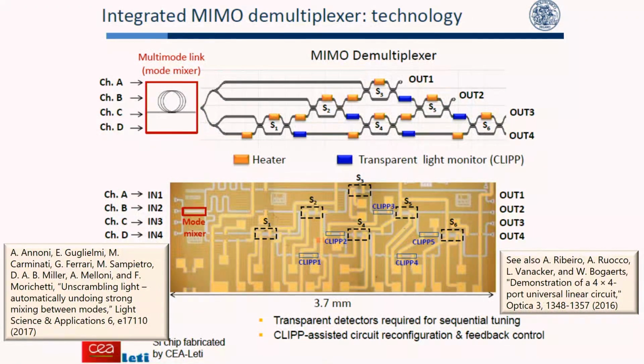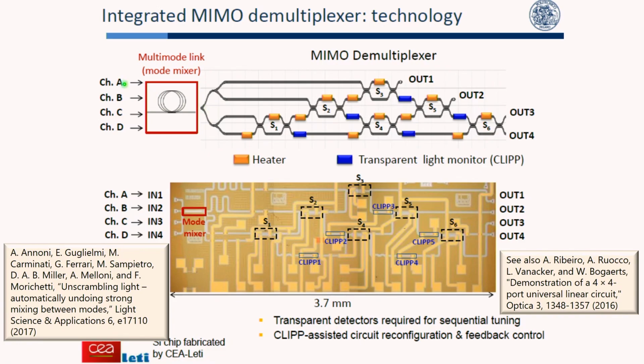And this is exactly what my colleagues at the Politecnico di Milano did. They took 4 separate fibre inputs and combined them in a multimode mixer so that when they came out, they were completely mixed up.